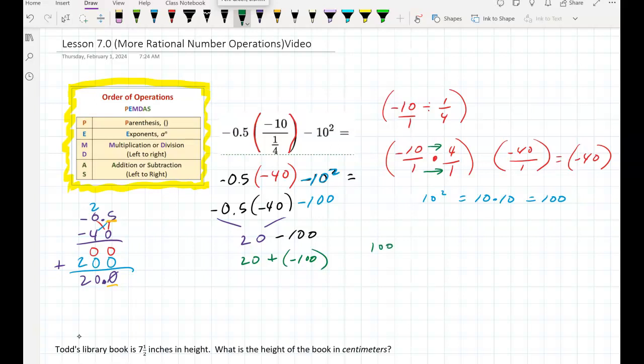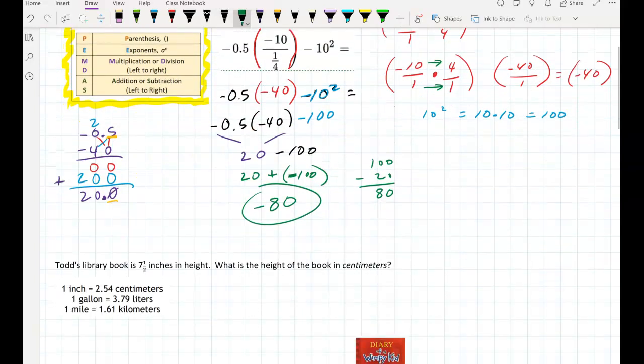Because they don't have the same sign, I'm going to subtract 100 minus 20, and I get 80. But what do I have more of? I have more negatives, and so my answer is going to be negative 80. So after all of that, I have a final answer of negative 80. How fun was that? That was awesome. All kinds of great stuff happening in that problem.